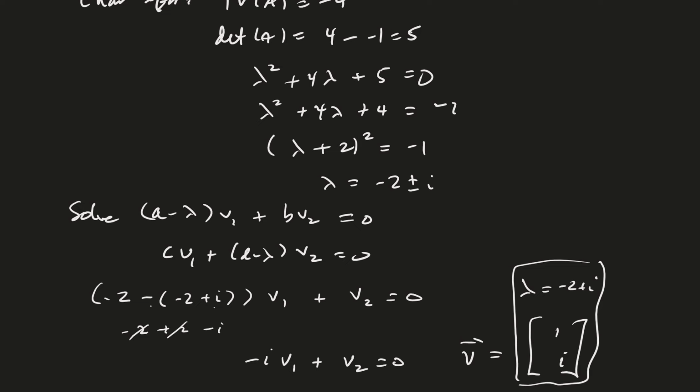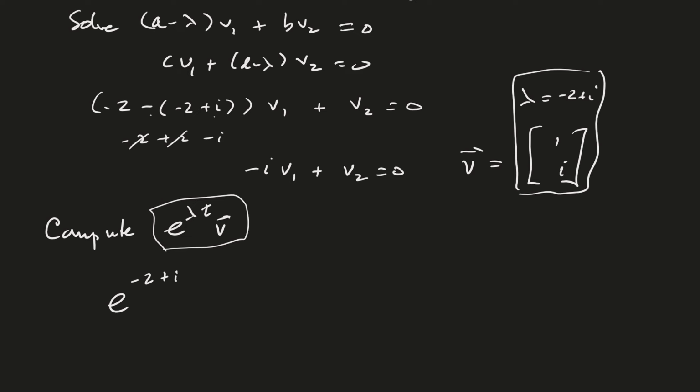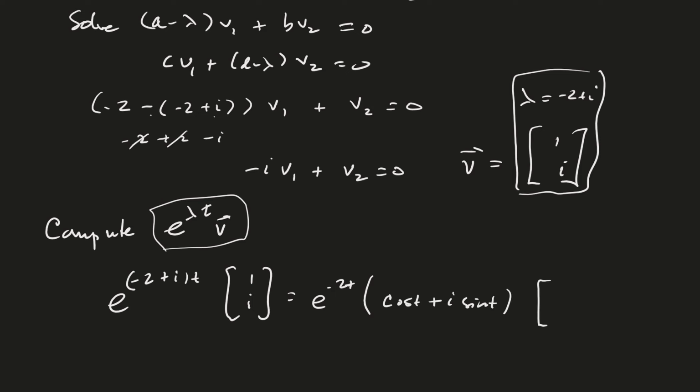Now we compute e to the lambda t times v, and we're going to want the real part and the imaginary part of this. So we have e to the minus 2 plus i t times 1, i, and that's e to the minus 2t times cosine of t plus i sine of t, times 1, i.